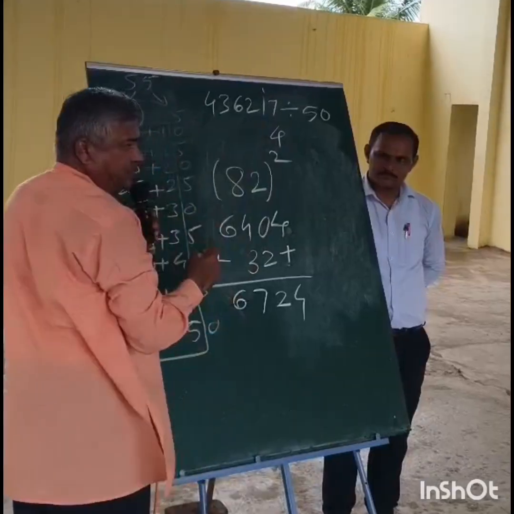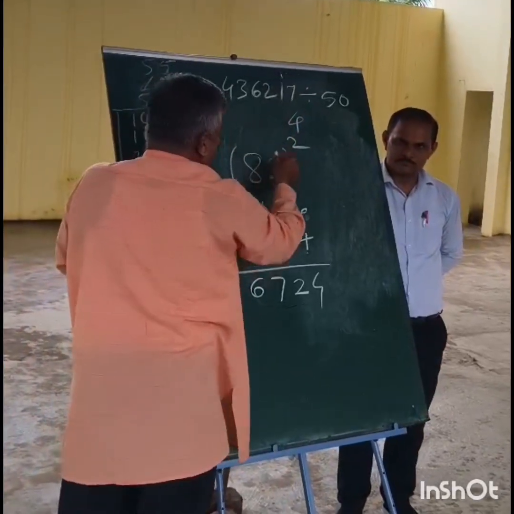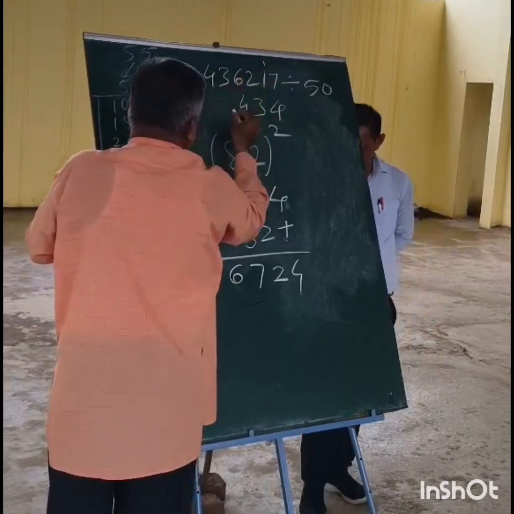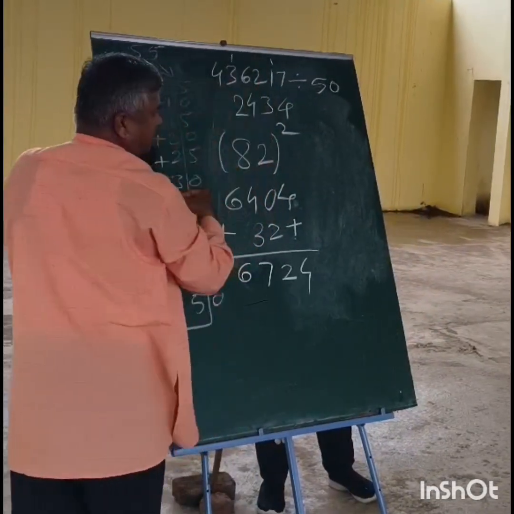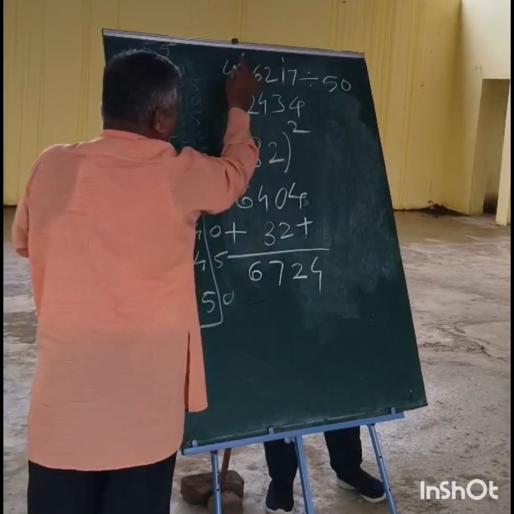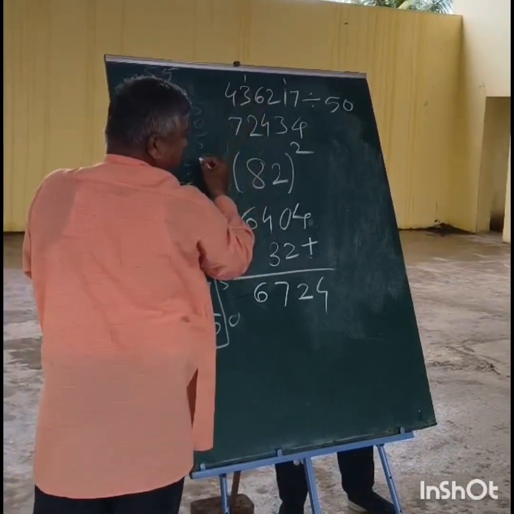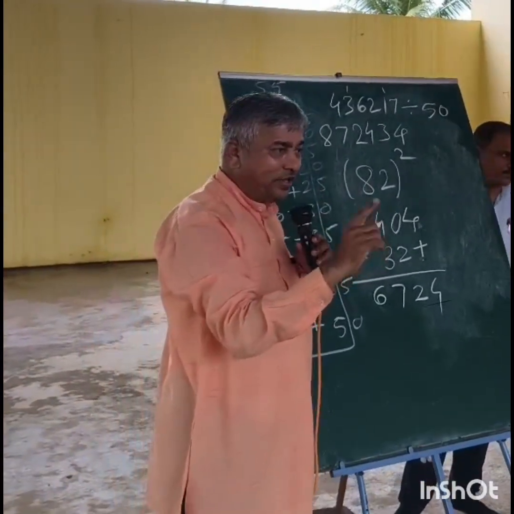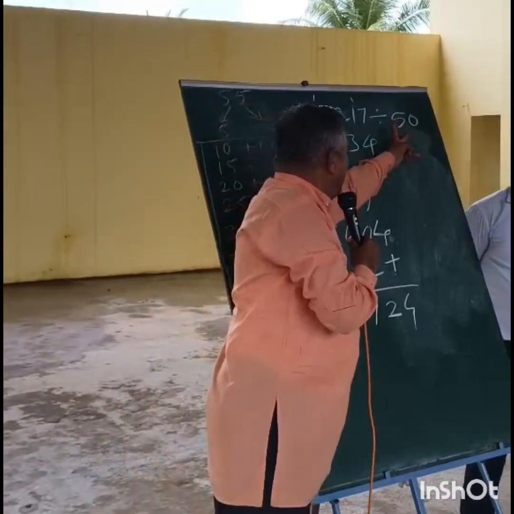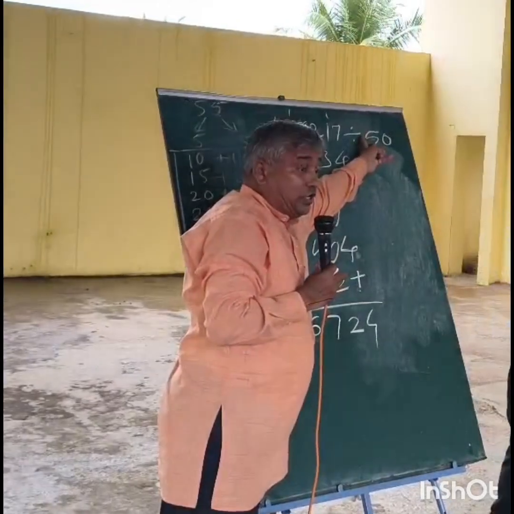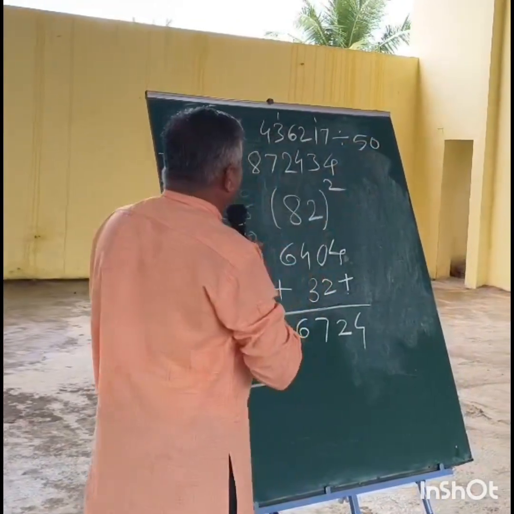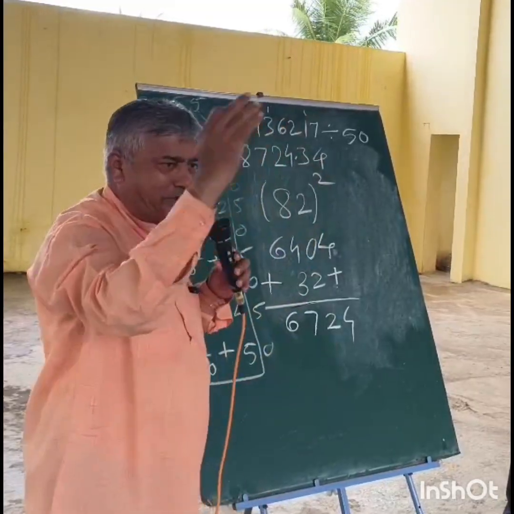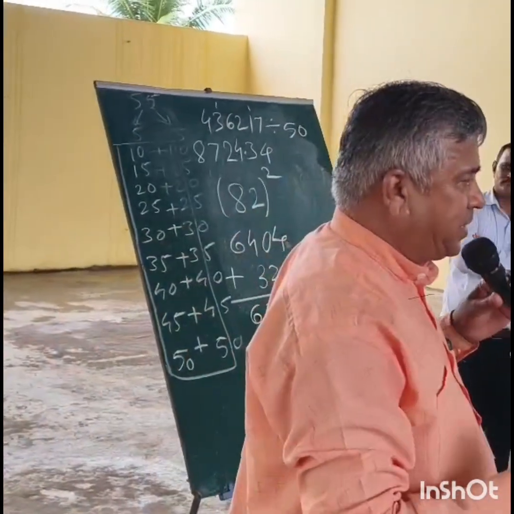Once doubled plus 1. Yes, this is 3. 4. 12. 6 plus 1. 8. We have made it double. Is it clear? Now, if we have 2 digits here, then by leaving 2 digits, take the decimal. Okay, this is the answer.